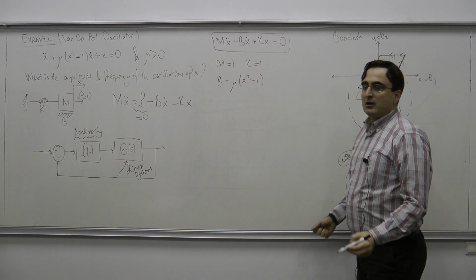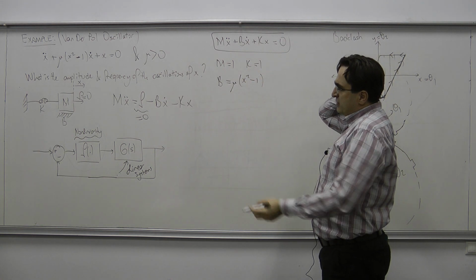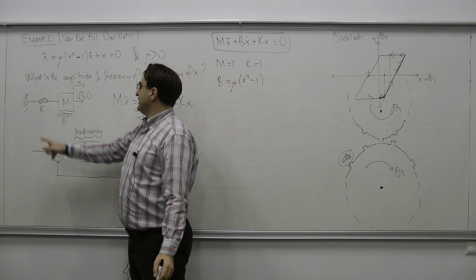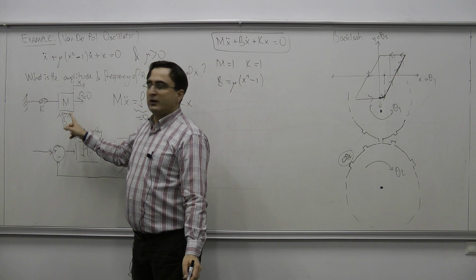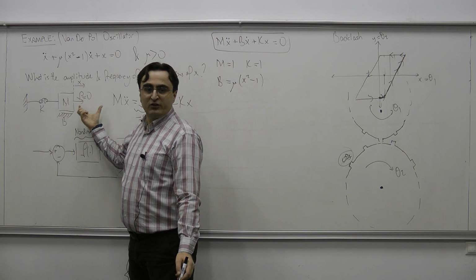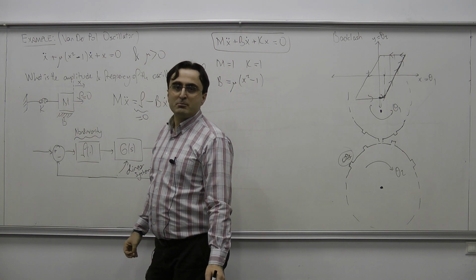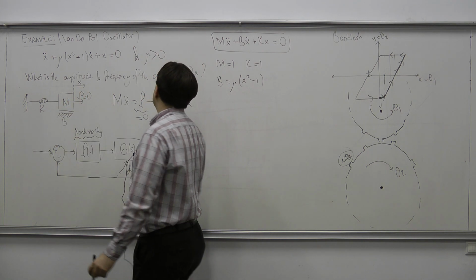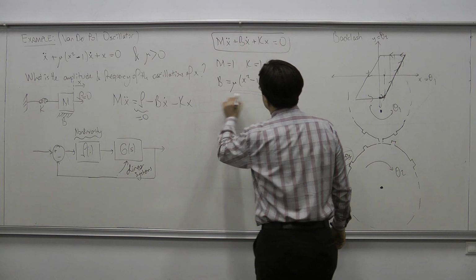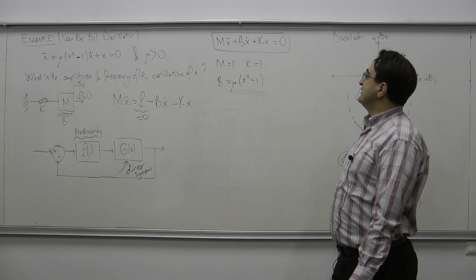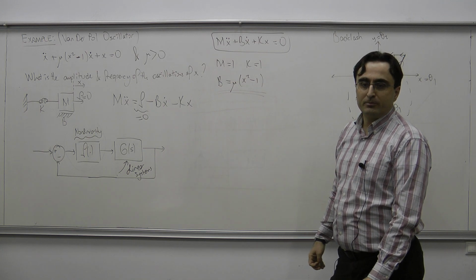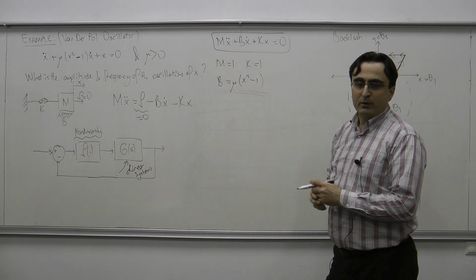Okay? So the van der Pol oscillator is nothing but a mass-friction-spring system where this friction depends on the x position of the mass, the displacement of the mass from the equilibrium. So we see that if the friction coefficient depends on the displacement of the mass from the equilibrium, then we would get the van der Pol oscillator.